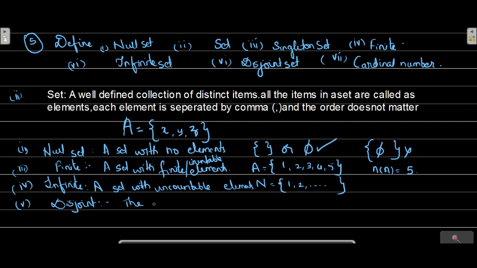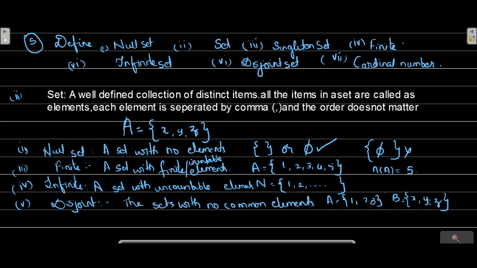If we take two sets with no common elements between them, for example, A equals 1, 2, 3 and B equals X, Y and Z, is there anything common between these sets?